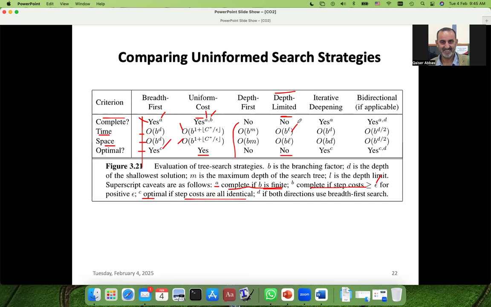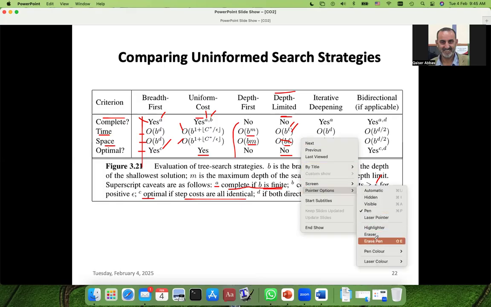Order of B raised power L. L for limit, okay? Because maximum nodes, worst case, L for limit, B raised power L. And here it would be order of B multiplied with L. Here B multiplied with M, maximum depth. Here the maximum depth is up to the limit, not more than that.